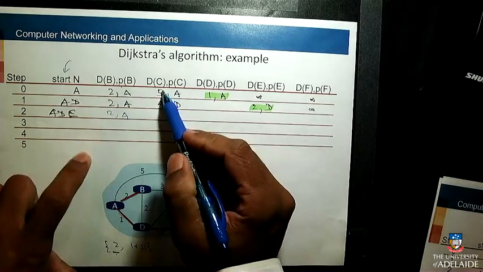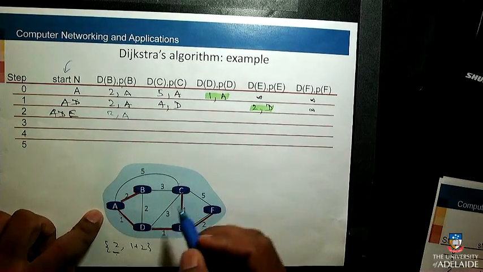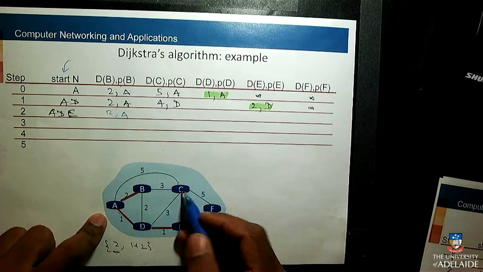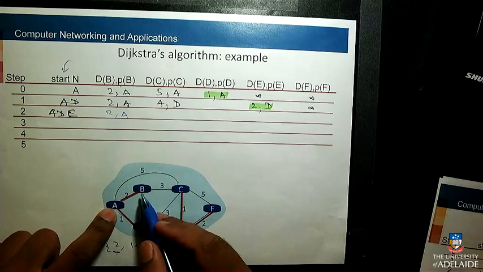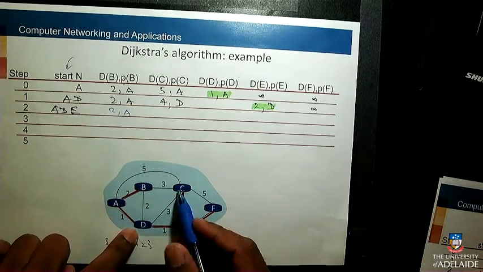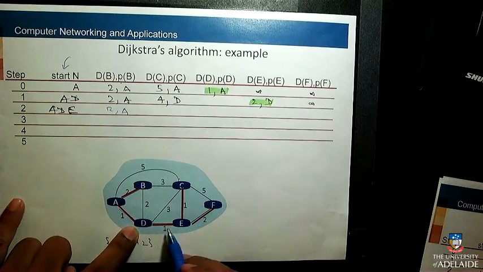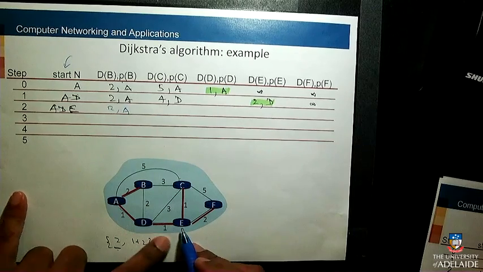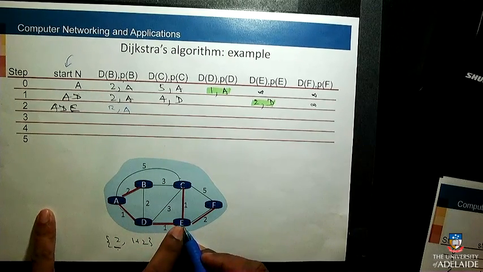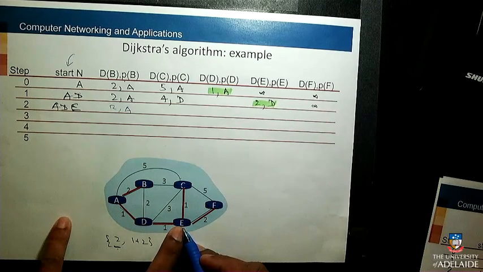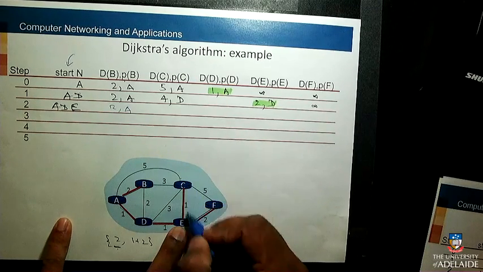Now, let's look at C. My current cost of getting to C is 4, via B, via D. If I go via E, I can get to E with a cost of 2, and then from E, I can get to C with a cost of 1.